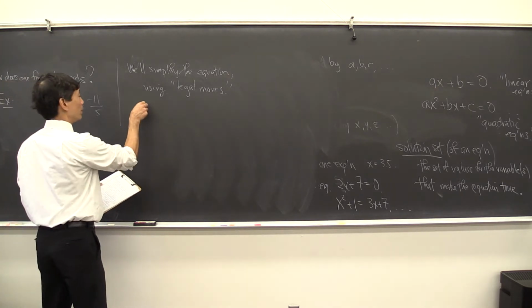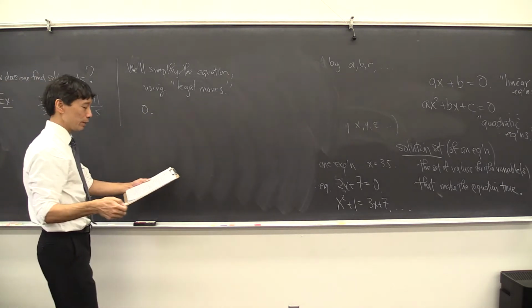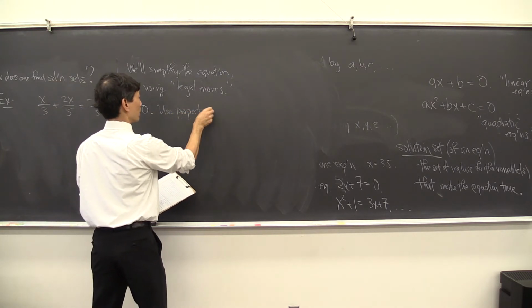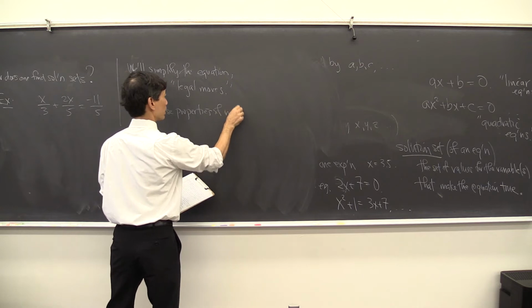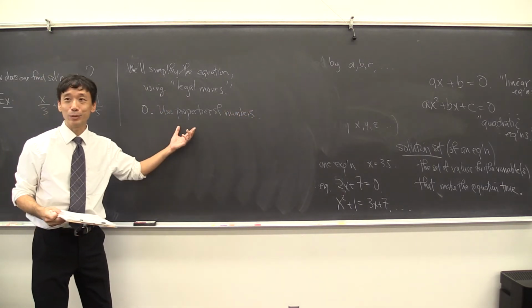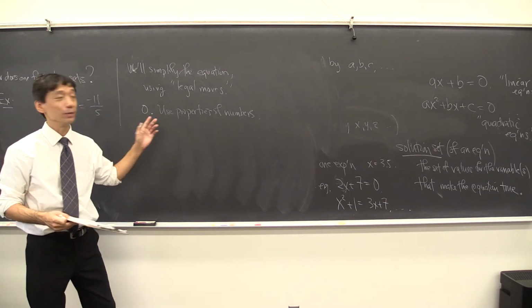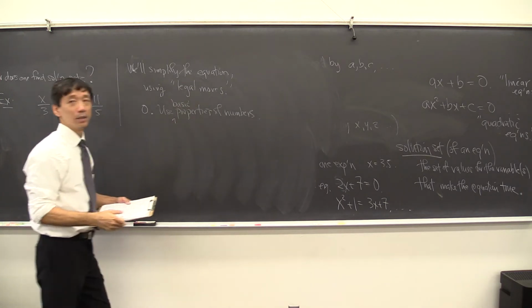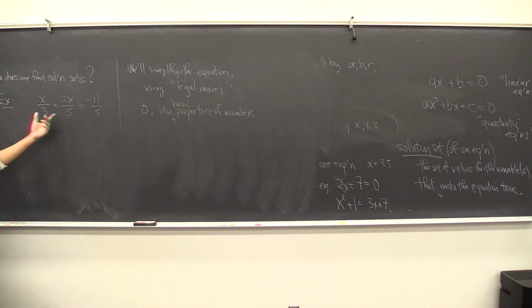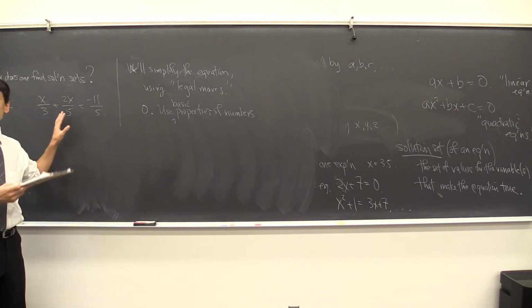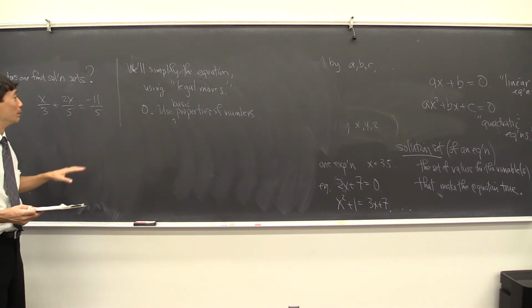First off, the 0th one is to just use properties of numbers, like combining fractions or adding things together. That's of course fine. I can take these two things and add them together, and that doesn't change anything.